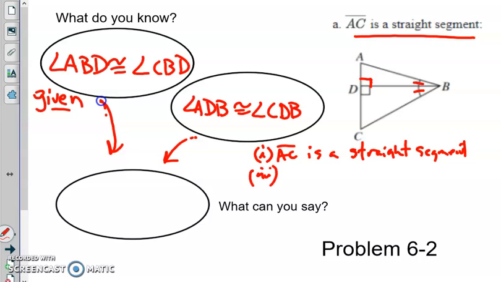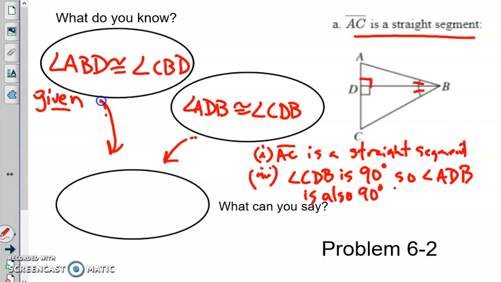And we know that angle CDB is 90. So angle ADB is also 90, because we have a straight angle.